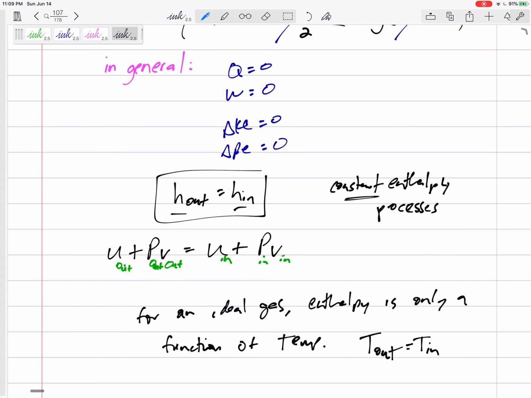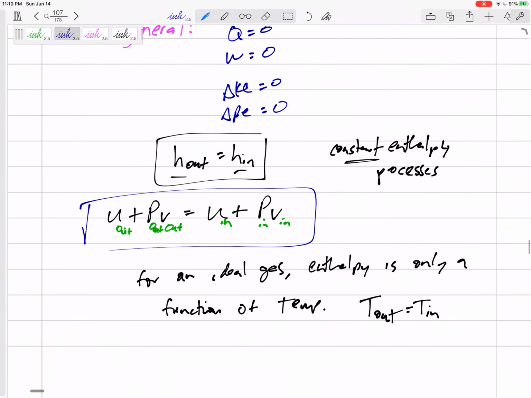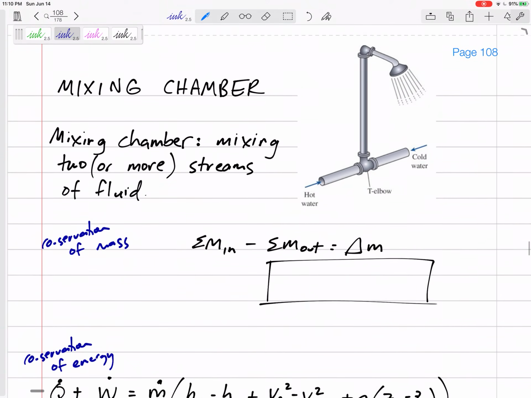Okay? So right here is really our equation that we might use for throttling valves, also called capillary tubes, porous plugs. Enthalpy of the inlet is equal to the enthalpy of the outlet, and the U plus PV of the inlet equals U plus PV of the outlet.